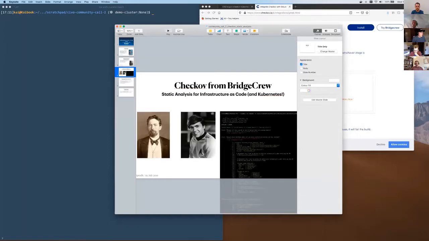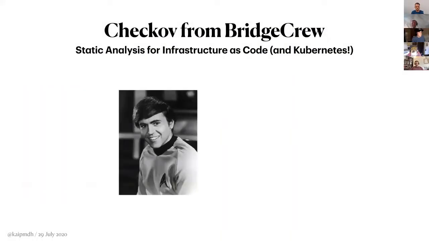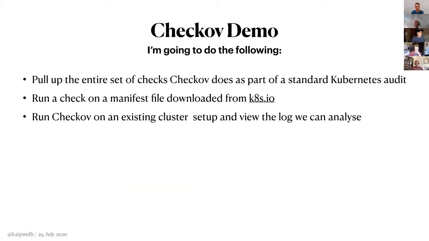What we're going to do is run Checkov on a cluster and locally. We're briefly going to show all the things that Checkov checks for in a Kubernetes audit. We're going to run a check on a manifest file that I've pulled from k8s.io, a very recommended piece of thing.